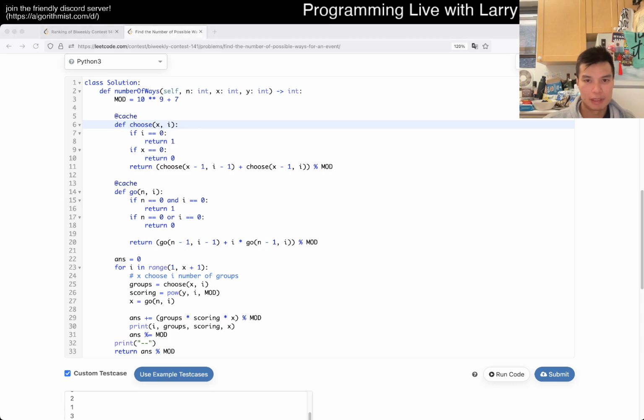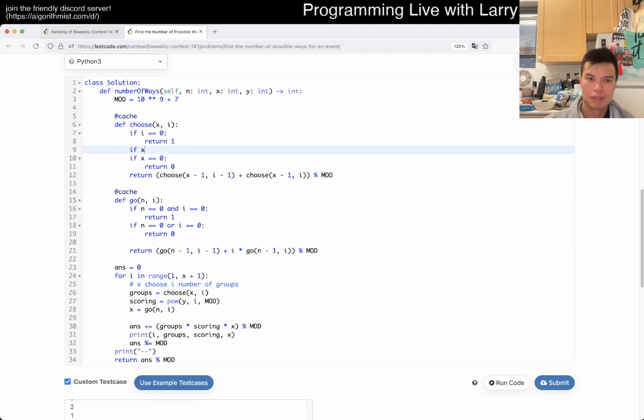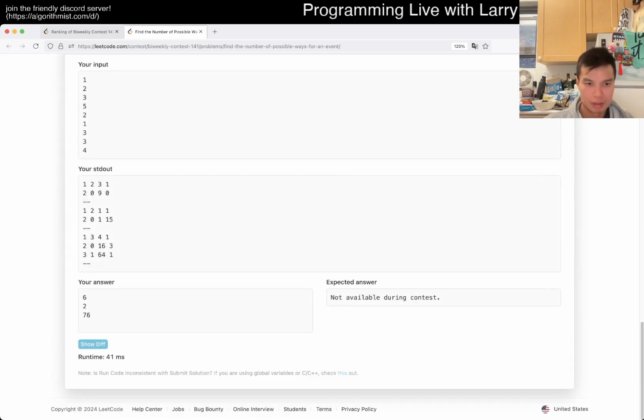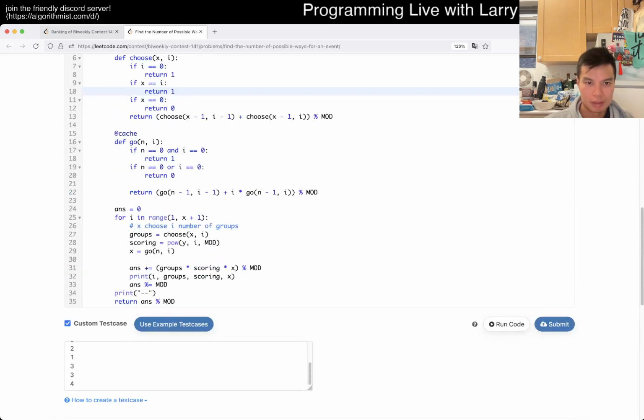What are the base cases? I'm just being bad. 2 choose 2, right?